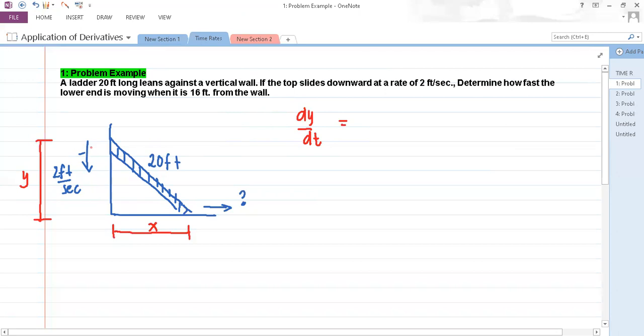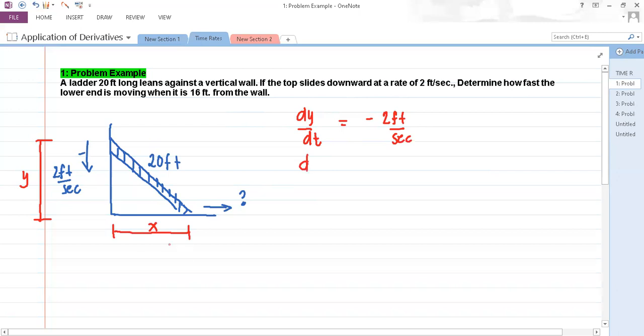And since this is decreasing, let's denote that as negative 2 feet per second. Decreasing siya. Pagka increasing, positive. Pagka decreasing, negative. So we will be putting a negative sign here. So dy with respect to dt.